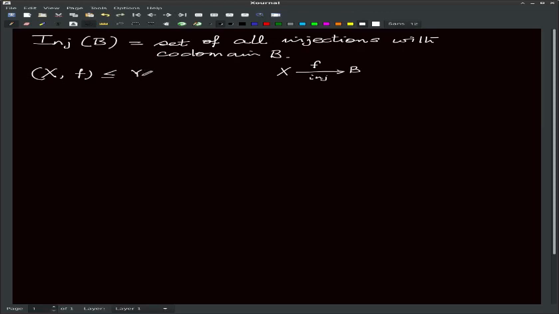So we write something like this to mean that this is also an injection, from the smaller to bigger, if there exists an H such that F is equal to GH. Right?